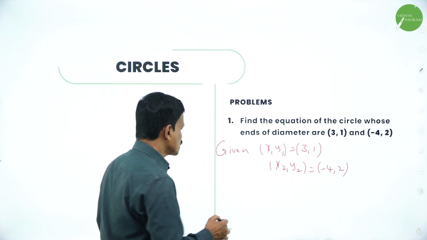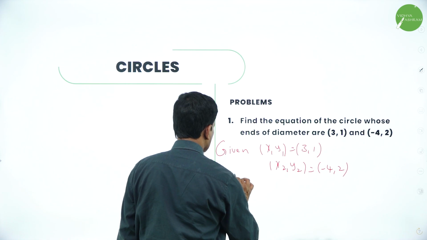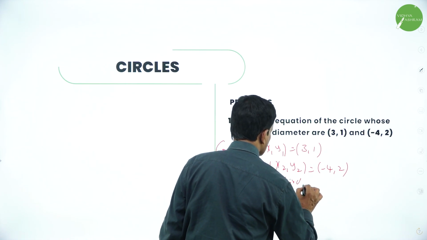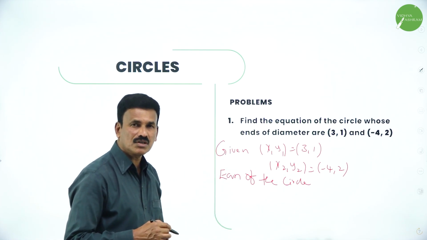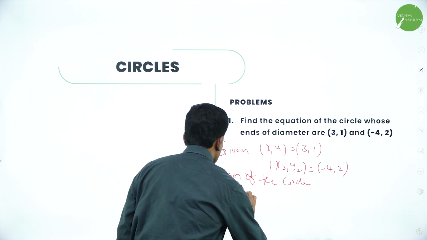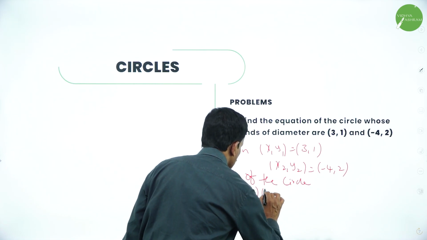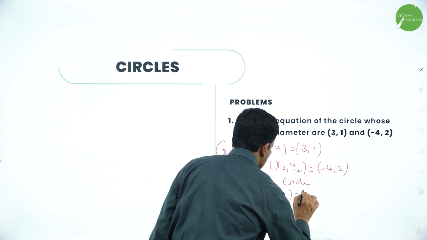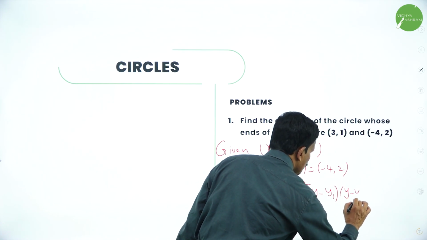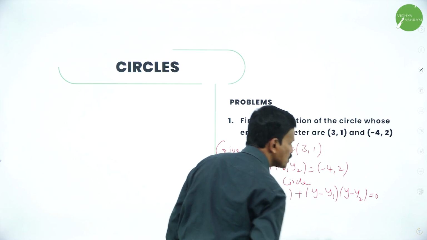What is the equation of the circle? The equation of the circle with (x1, y1) and (x2, y2) as the diameter is (x − x1)(x − x2) + (y − y1)(y − y2) = 0.